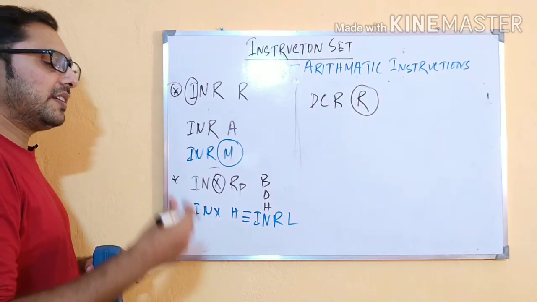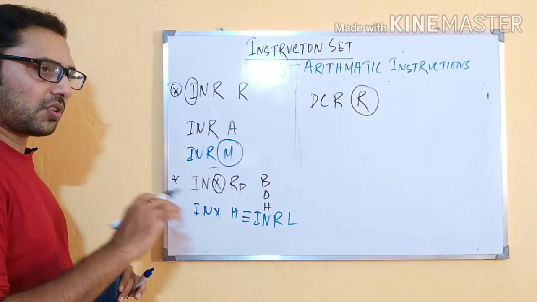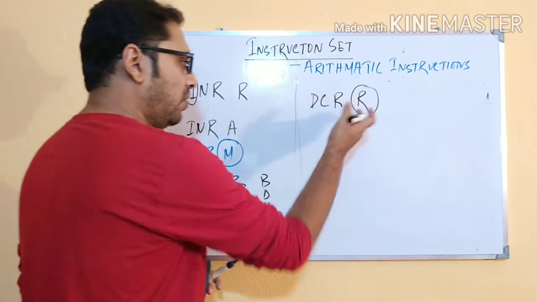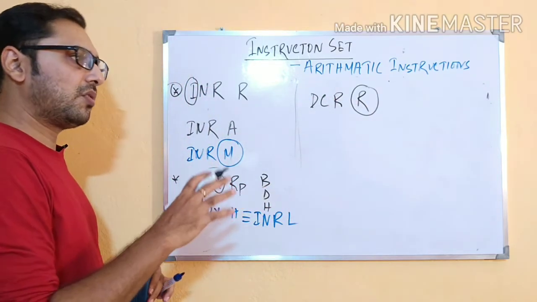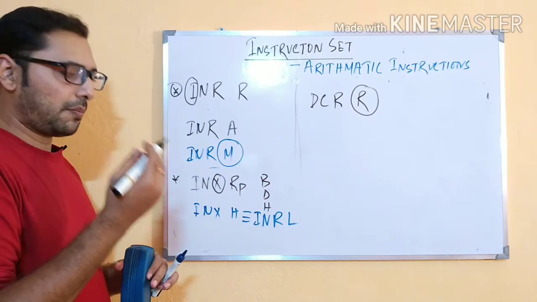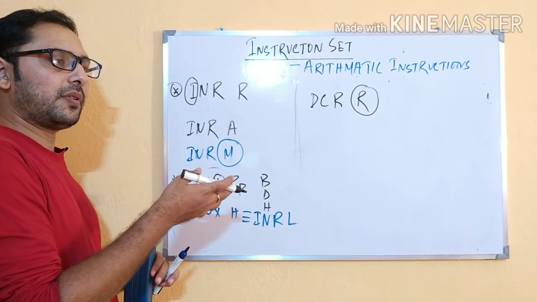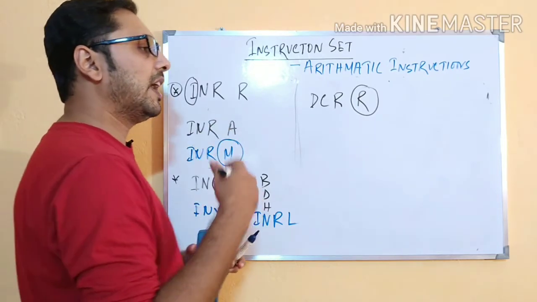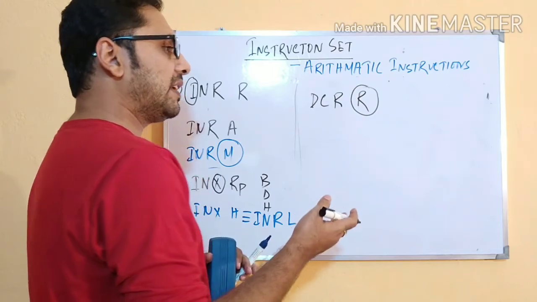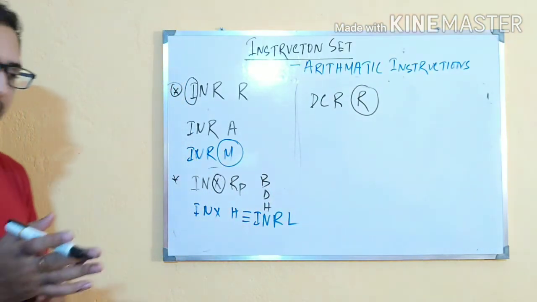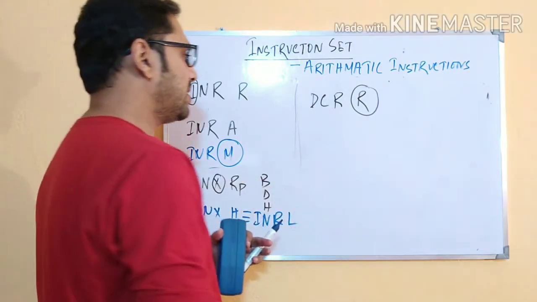Decrementing the value by 1 does not represent subtracting 1 from the value of R. Both are not the same, because in case of decrement the carry flag, meaning borrow flag, will not be affected, but in case of subtraction, the carry flag, which is called the borrow flag, will be affected.